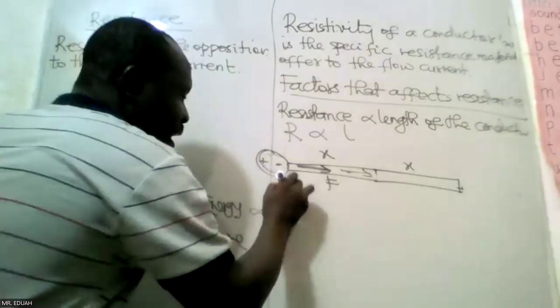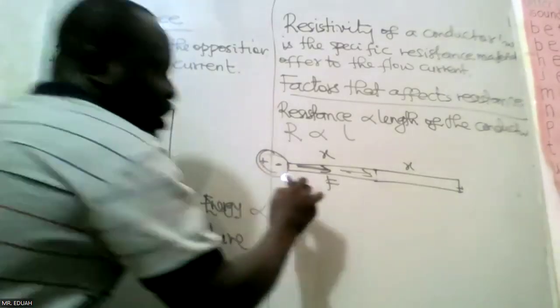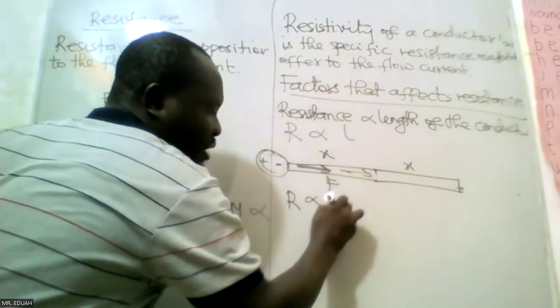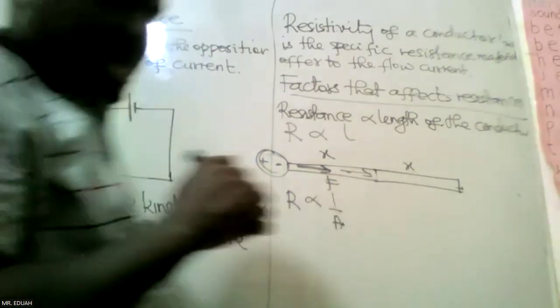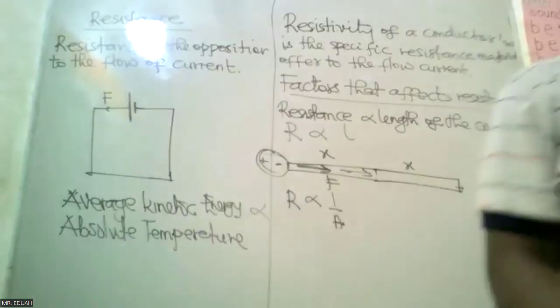R is also inversely proportional to the cross-sectional area of the conductor.